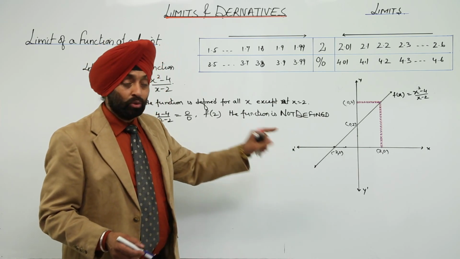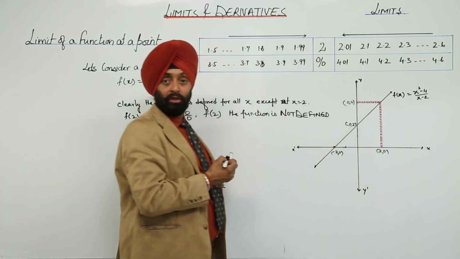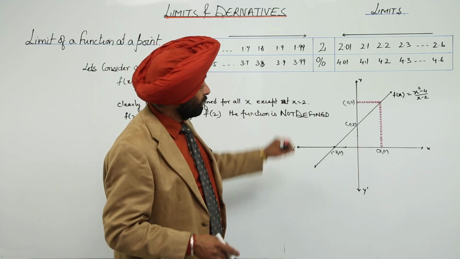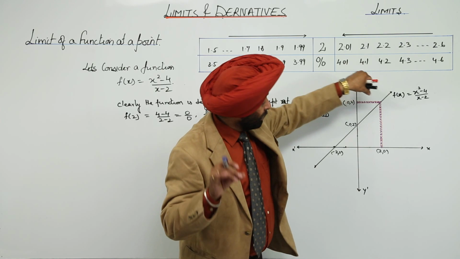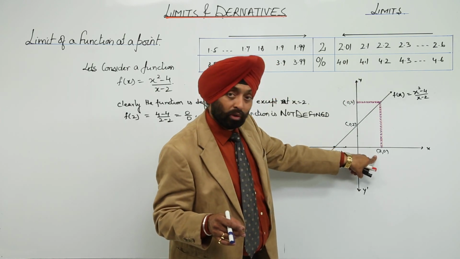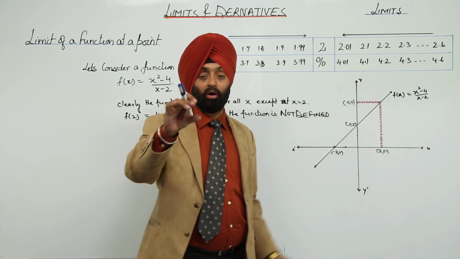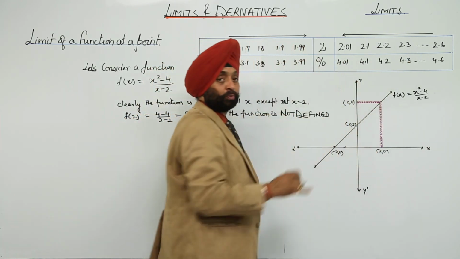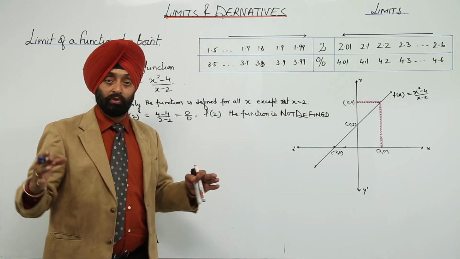At 2 I have broken this line. At point 2 on the x axis and 4 on the y axis, there is a hollow spot in between the line. It means the line is not connected, this is not a continuous function.